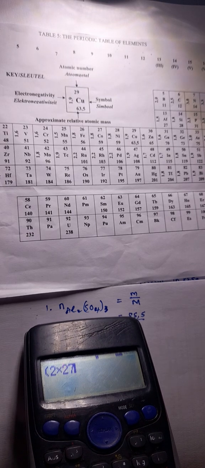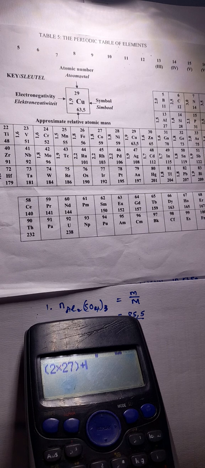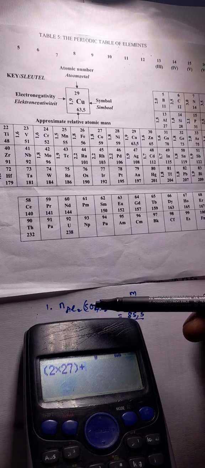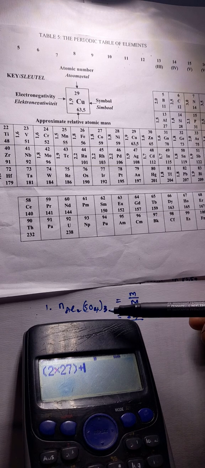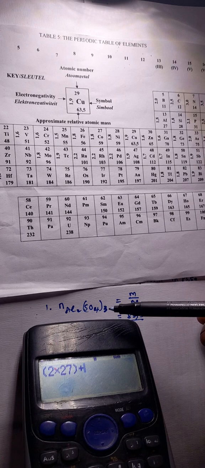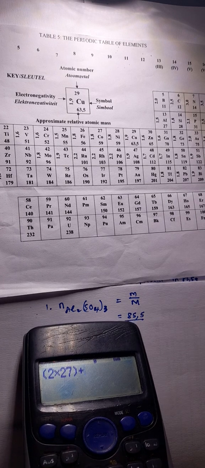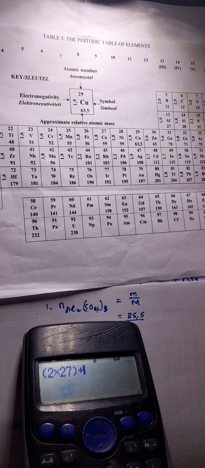Multiply by 27, plus any other atoms you have? Yes, you do have sulfur. Please take note here. Sulfur, one atom, and then multiply by 3. So there are 3 of them. And each atom of sulfur gives you 32. Where's sulfur? Number 16.